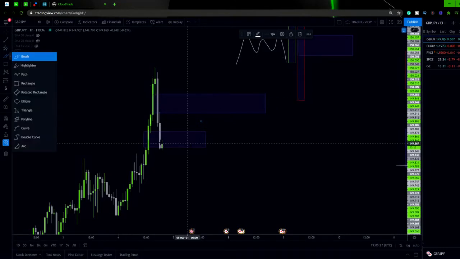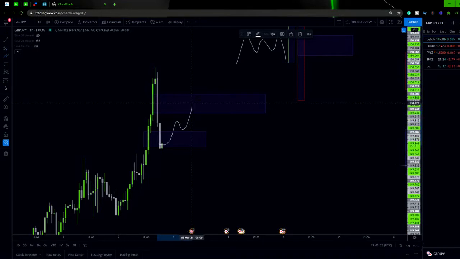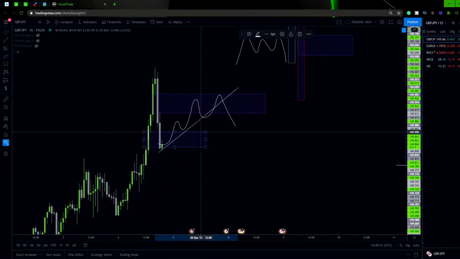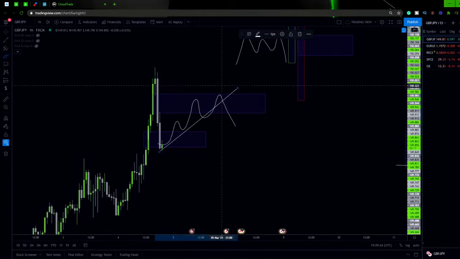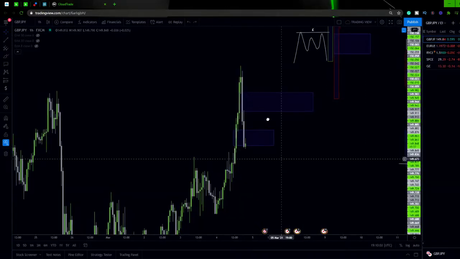So the assumption is that price is going to want to travel back up through this level to fill in the imbalance, before potentially creating some sort of trend line or some sort of liquidity and then running through that to maybe take prices higher, or something along those lines.